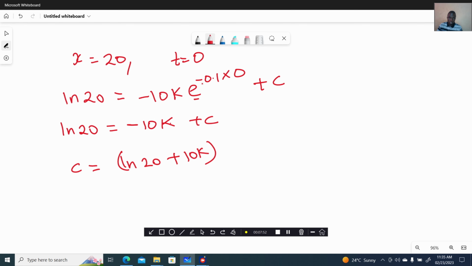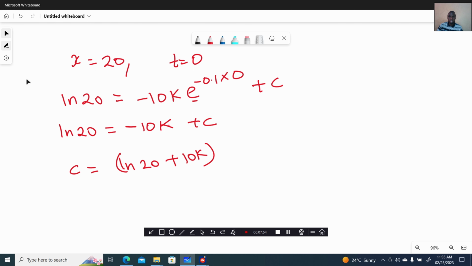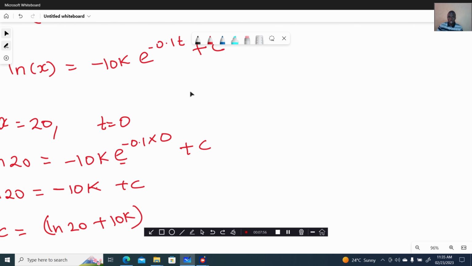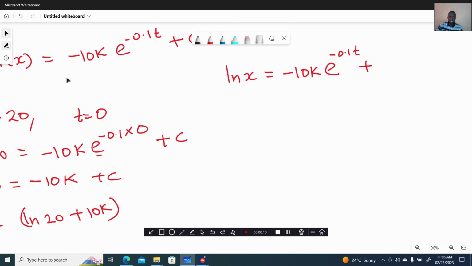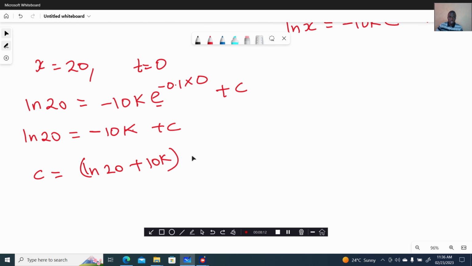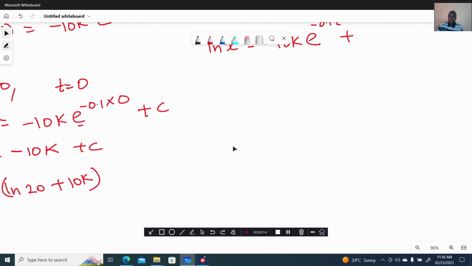So already we have the value of c, so we can substitute it into the original equation. We have ln x equal to negative 10k e to the power of negative 0.1 t, plus the value of c, which is ln 20 plus 10k.